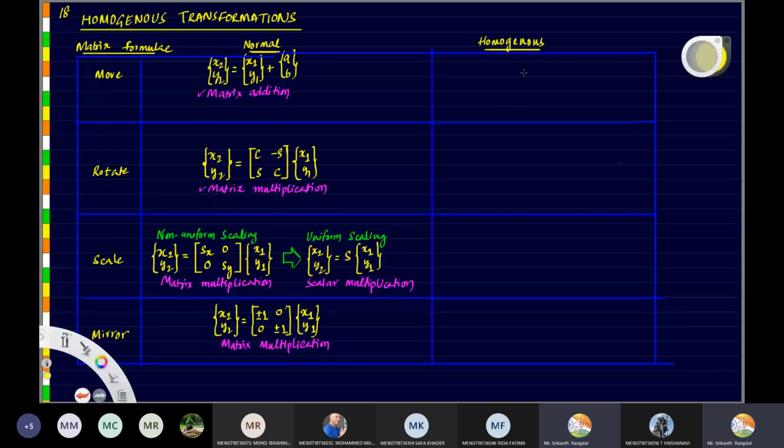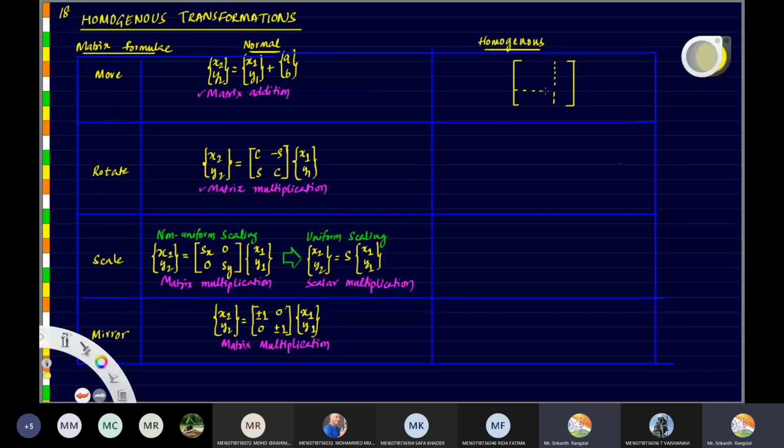Okay. So now matrix addition. So in the homogeneous matrix, what happens is instead of just having a 2 by 2 matrix, we will get a 3 by 3 matrix.